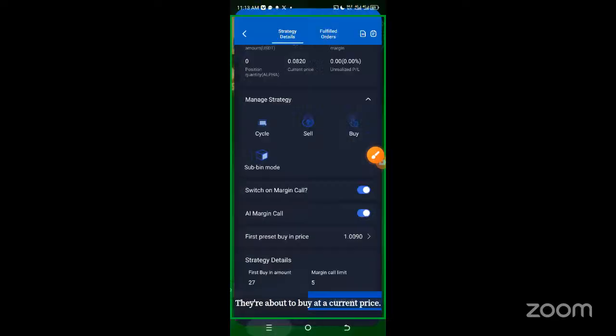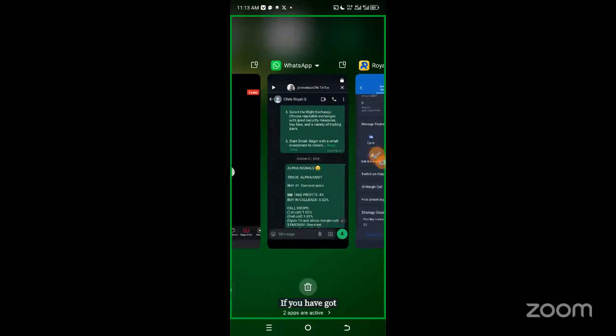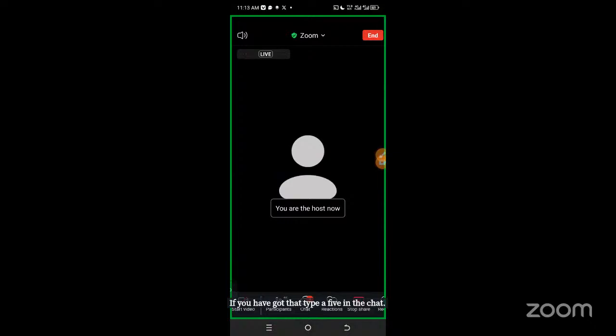If you have got that, type a 5 in the chat. Still, I know there are people who are confused. They don't know what is taking place.